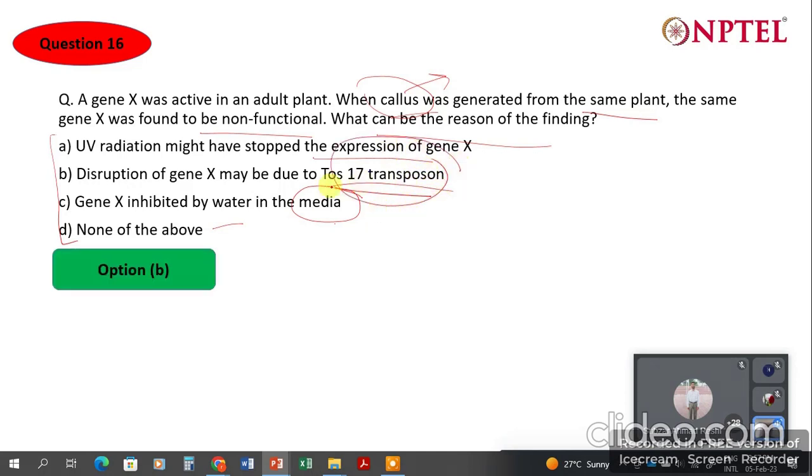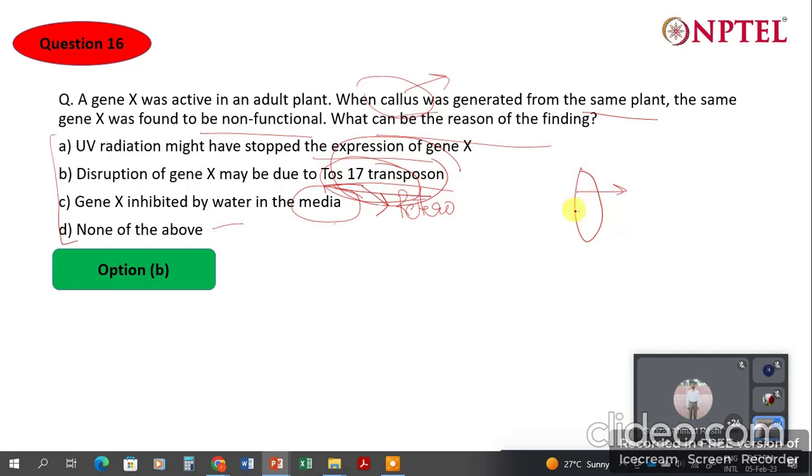Why this? Because TOS17 is a retrotransposon, and it is generally activated in tissue culture. So if this is an adult plant, there is no activity of TOS17. There is expression, but it is not active. TOS17 transposon is not active in an adult plant.